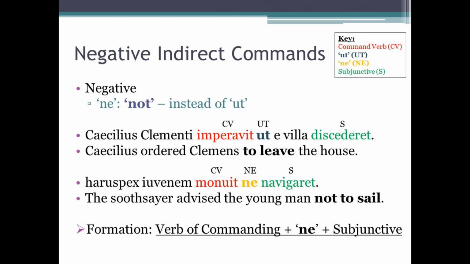This is a negative indirect command with ne, meaning the soothsayer advised the young man not to sail. Just to reaffirm, this is formed with a command verb plus ne plus the subjunctive.